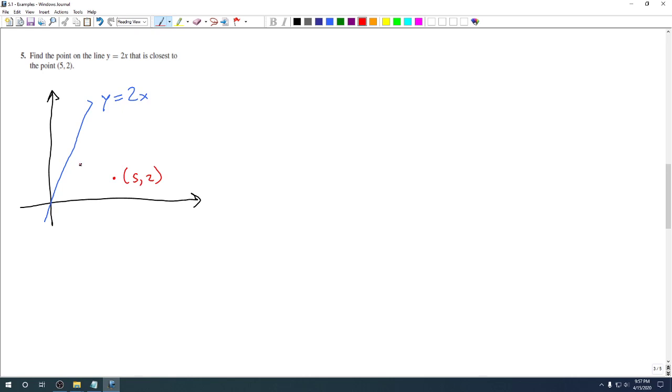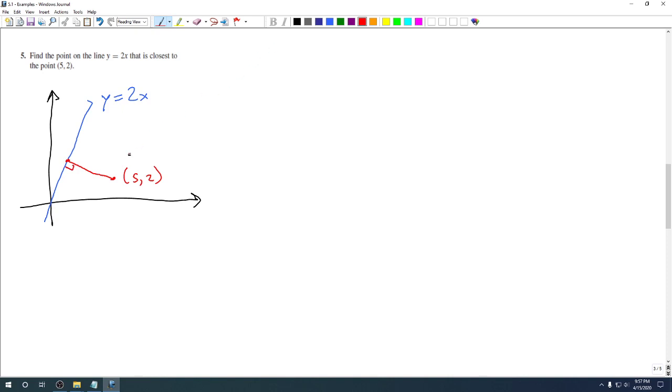Now, from geometry, we kind of already have the idea that if we drop a perpendicular from this point to the line, the point at the bottom, at the base of this perpendicular, is going to be closest to this point. Any other point is going to be a little bit further away. So we need to find out what is the point that is at the end of this perpendicular.